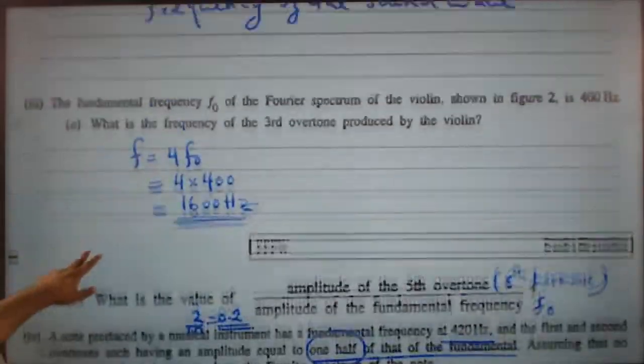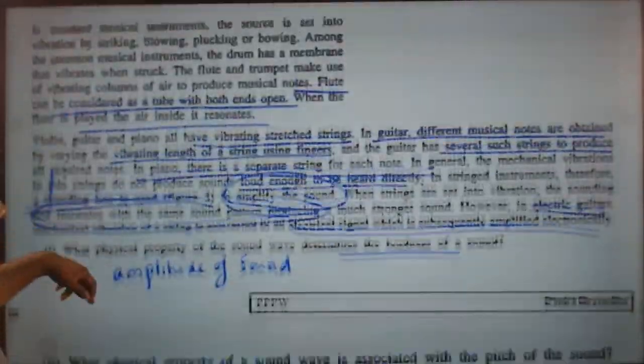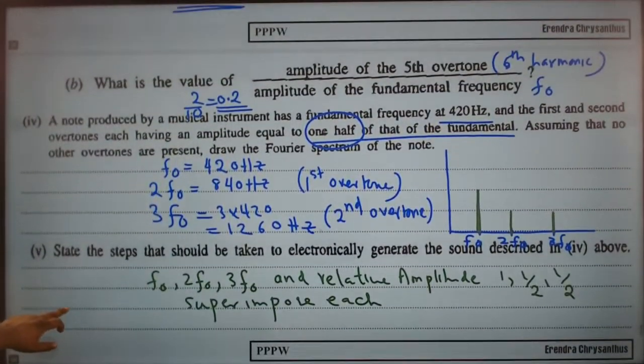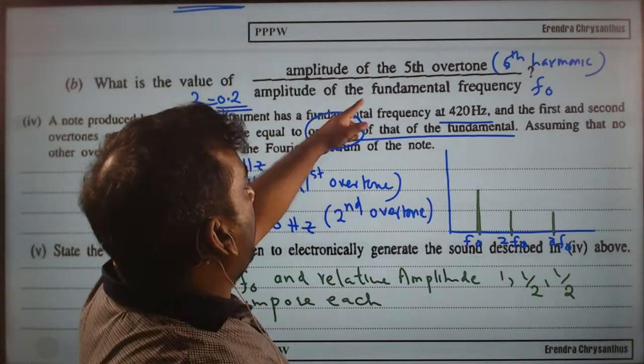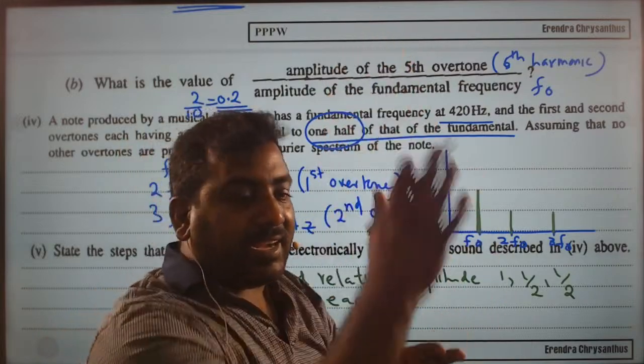so what do you mean by this Fourier analysis? We have done one relationship. Sometimes in your exam paper they might ask, what is the value of amplitude of the fifth overtone to fundamental? So fifth one to fundamental, the ratio is the relative amplitude given.